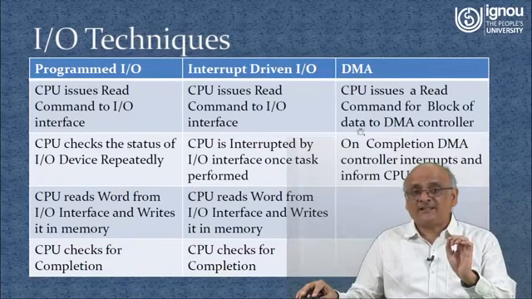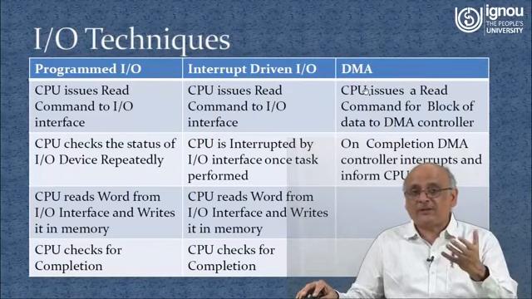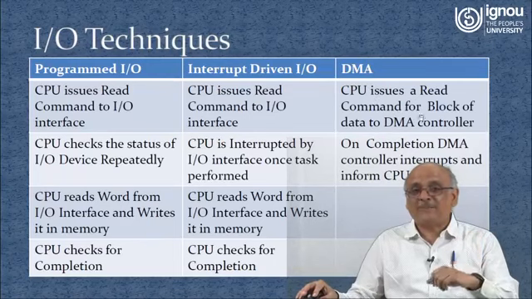So the registers are still needed in the CPU because the information about which memory locations are to be utilized is to be told. Likewise, much information is to be given to the DMA module, and the DMA module will complete its job, transfer that particular block, and interrupt only the CPU once it has completed the job.